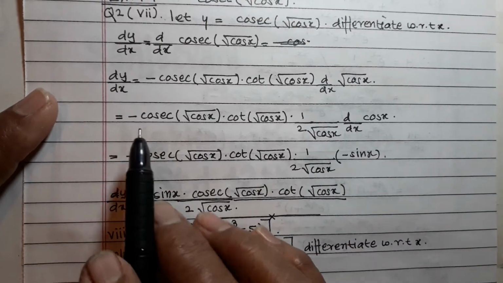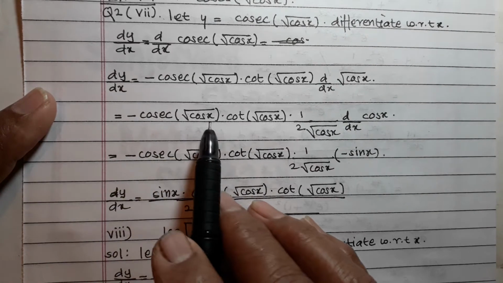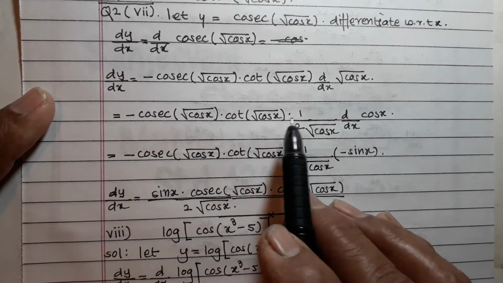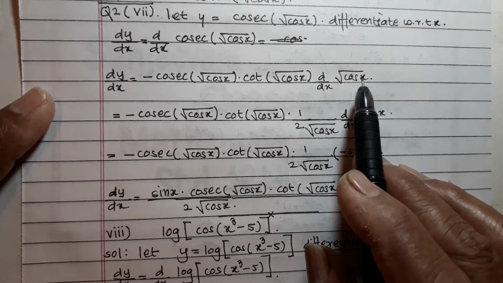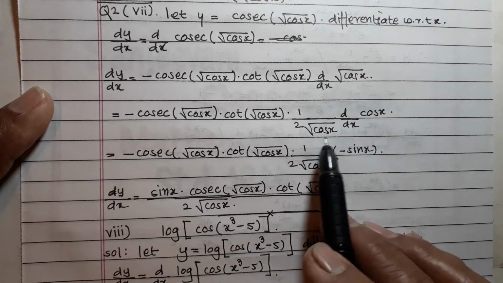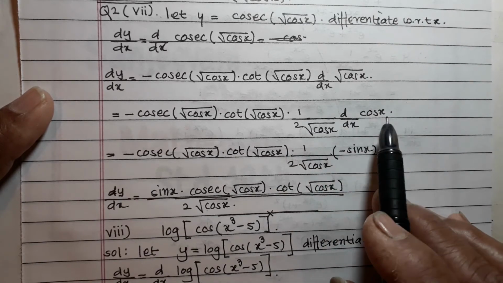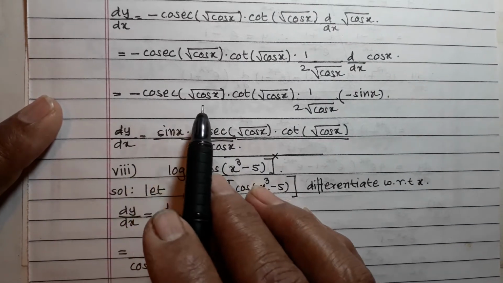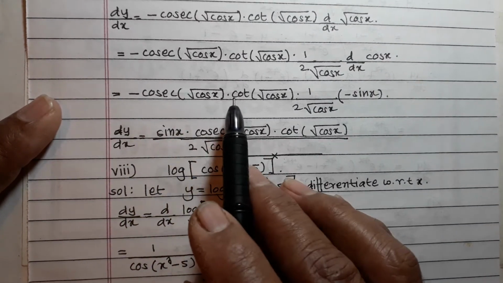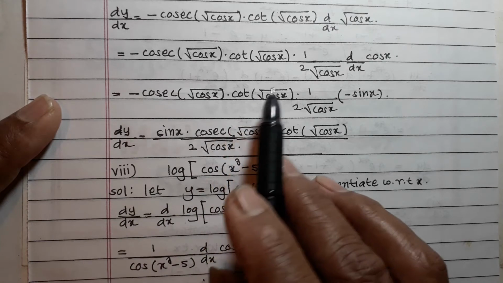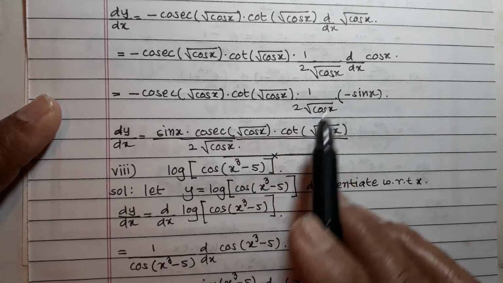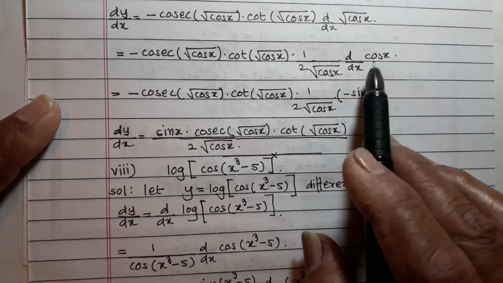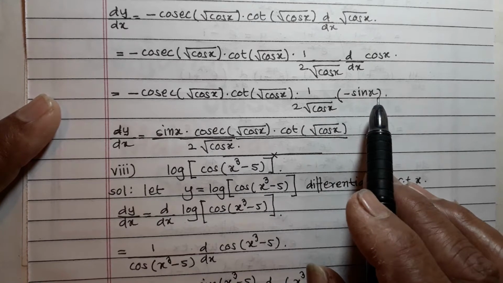So it is equal to minus cosec root cos x into cot root cos x into derivative of this, which is equal to 1 upon 2 root cos x, and derivative of cos x. So it is equal to minus cosec under root cos x into cot under root cos x into 1 upon 2 under root cos x into minus, so derivative of cos is equal to minus sin x.